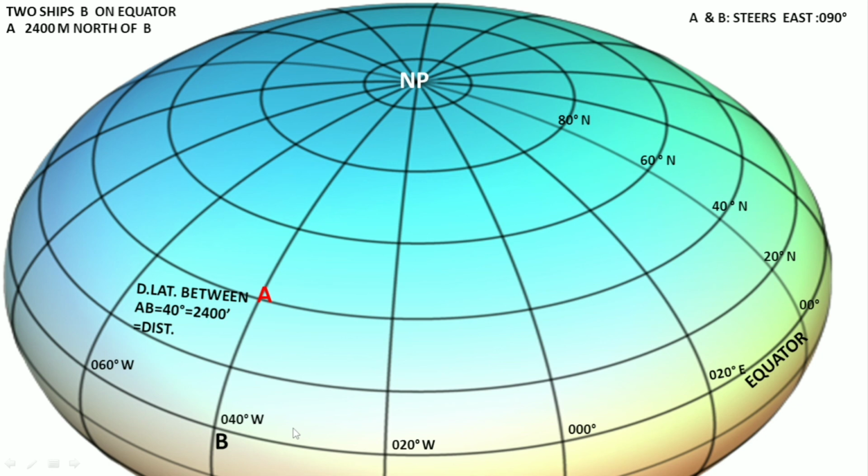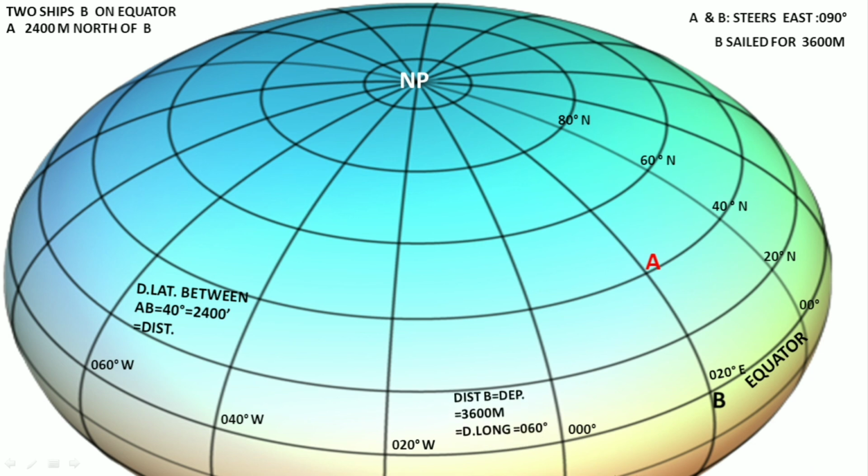Now, A and B, they both steer east. And reaching here, they are again north and south of each other because they are on the same meridian. B has sailed 3,600 miles along the equator. So that is the d long made by it also. So its departure, its distance and d long are the same.